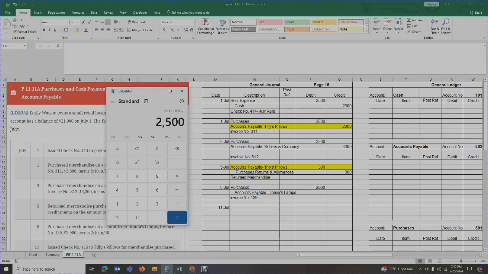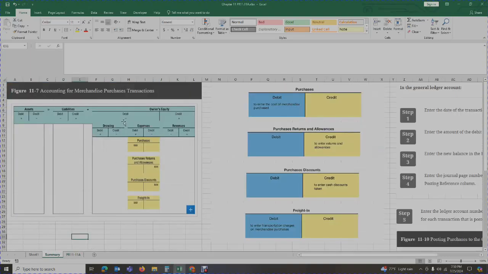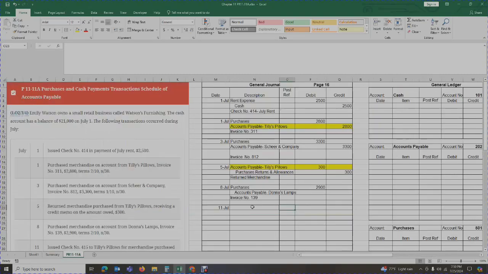Okay, so I need to clear that accounts payable for the $2,500. So if you see here, accounts payable for Tilly is $2,800 credit. $2,800 credit minus $300 debit gives me a $2,500 credit. Remember, accounts payable always has a credit balance. Okay, so your balance is on the credit side.